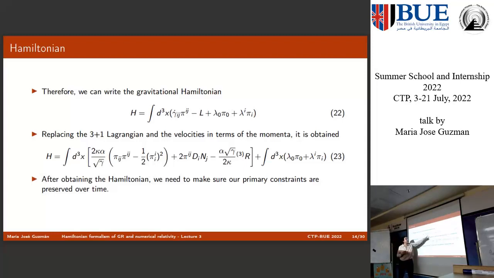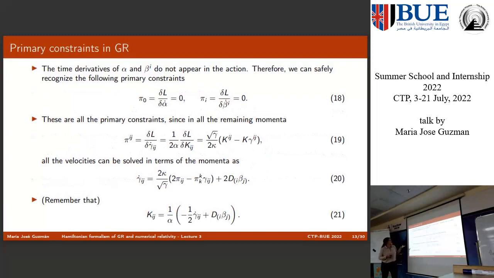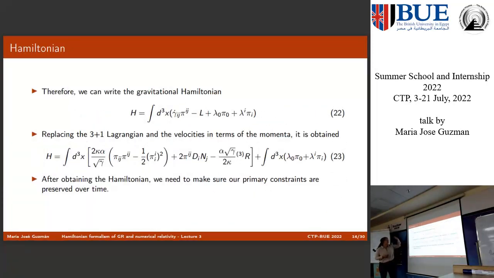But I already know the Lagrangian for general relativity. I just showed you here, right? So I just plug in what I know. I replace the velocities in terms of the momenta, I do a little bit of math, and I get the Hamiltonian for general relativity in terms of these momenta, which are the p squared.